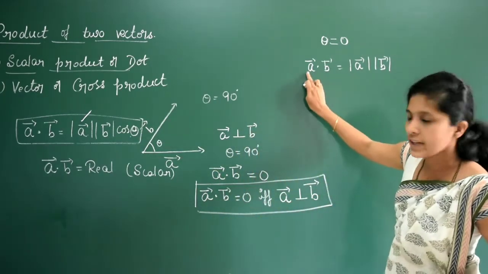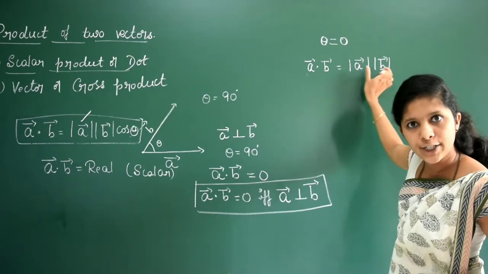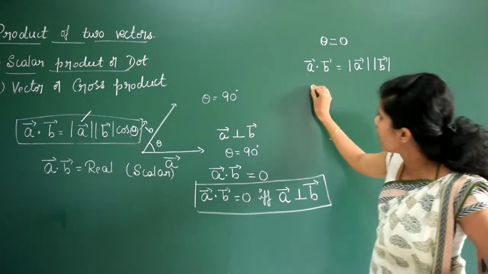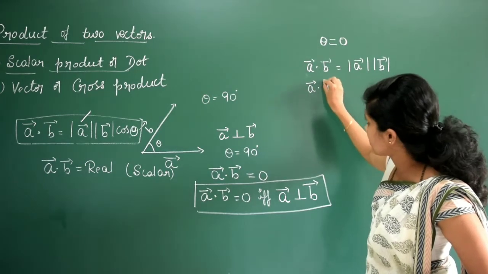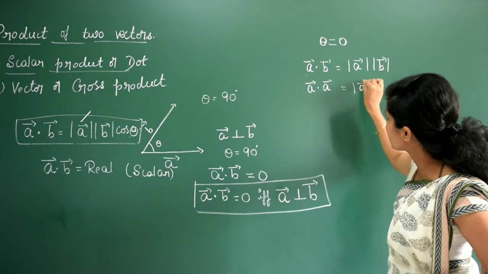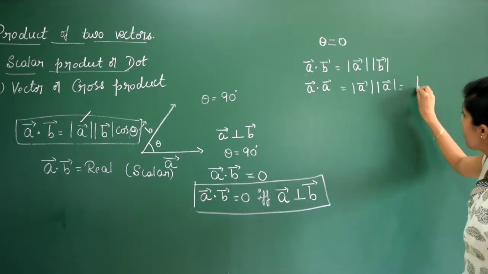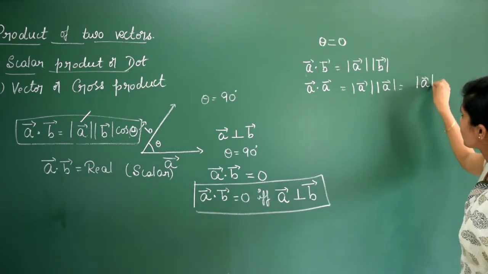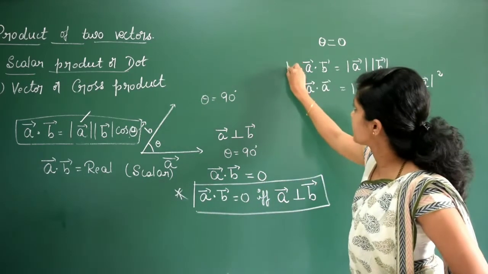So A vector dot B vector will be equal to magnitude of A vector into magnitude of B vector, or in the particular case, we can write A vector dot A vector, because both are the same, is equal to magnitude of A vector into magnitude of A vector. So this is equal to magnitude of A vector square. Clear? So this is one important one and this is the second one.